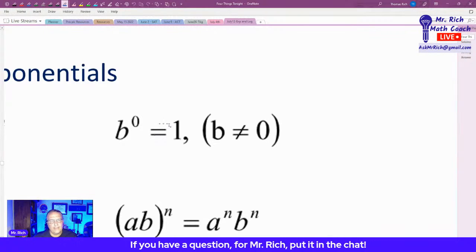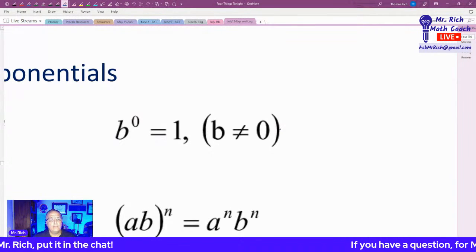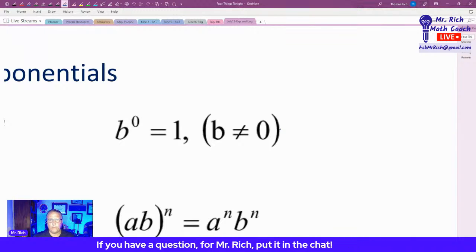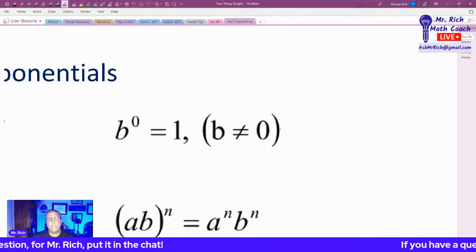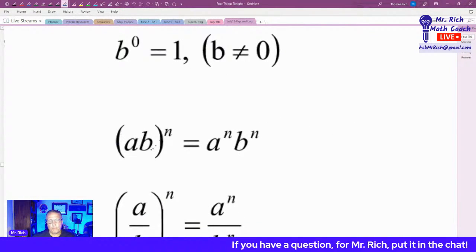Anything raised to the 0 power, other than 0, which would be undefined, 0 to the 0 would be undefined, but anything raised to the 0 power would be equal to 1. It doesn't matter if it is a variable or if it is a number. The answer is 1.